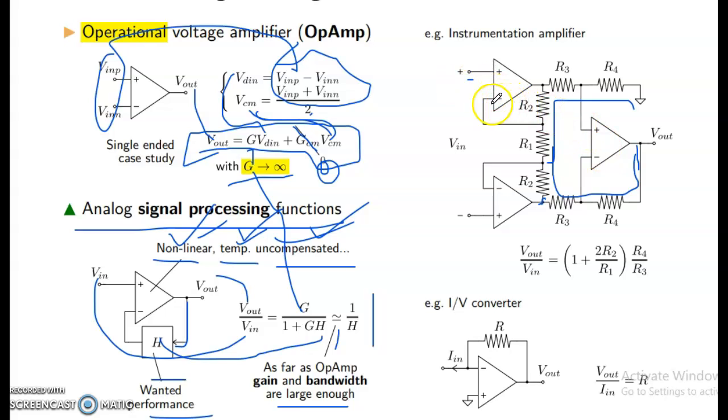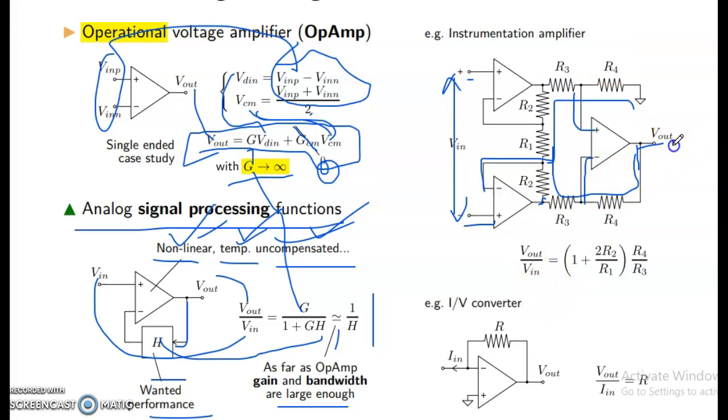The first op-amp's negative input is connected to this resistance. The second op-amp's negative input is connected to this resistance, and in between is V in. This output is connected to a resistance, and this op-amp is connected to the input resistance, positive and negative also connected. Then this is the output.